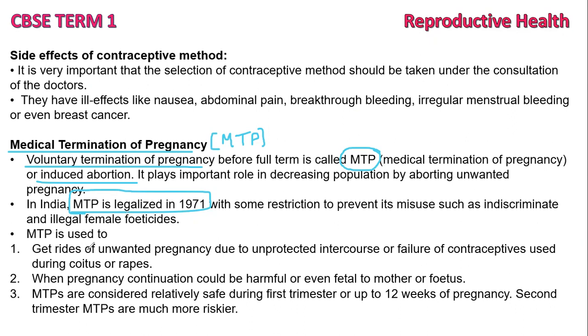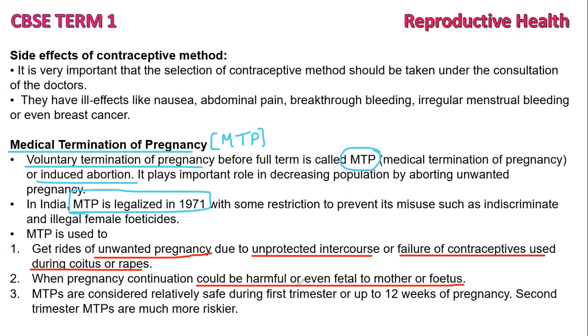Yes, everyone. So MTP is legalized, and it has been granted to get rid of unwanted pregnancy due to unprotected intercourse, failure of contraceptives used during coitus, or rapes. When pregnancy continuation is harmful either for the mother or the fetus or both, then it can be used for MTP.